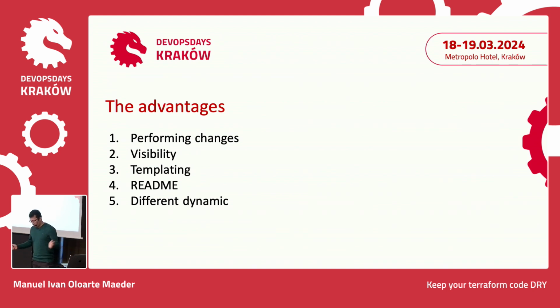So, why would you do that? What are the advantages of using DRY code and in general also this kind of approach? Performing changes has never been so easy, really. Even people who have no idea how to use Terraform can just go inside the project, look at the configuration, and make changes that are very easy for them to understand.